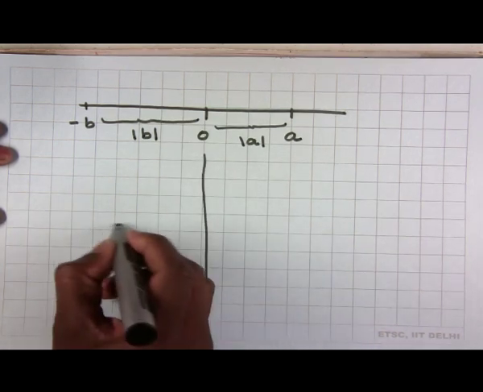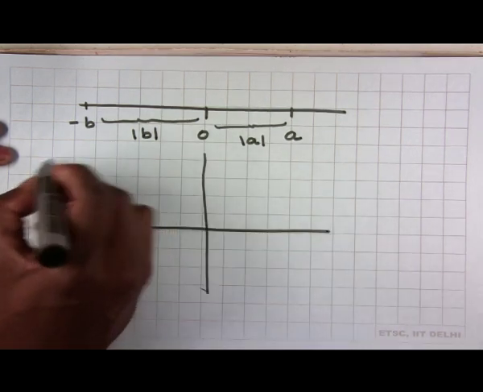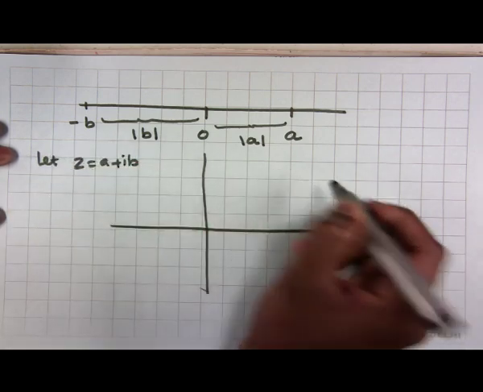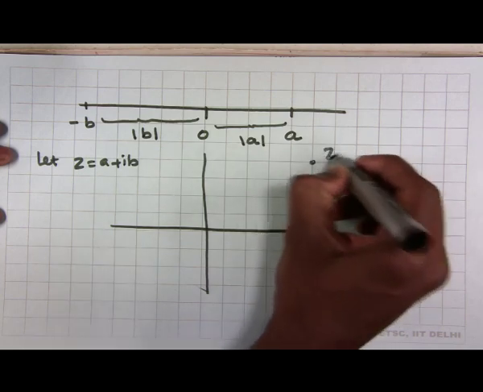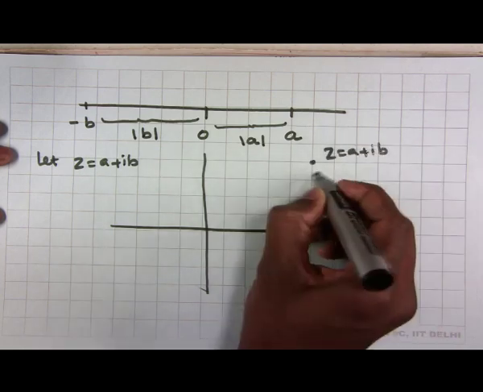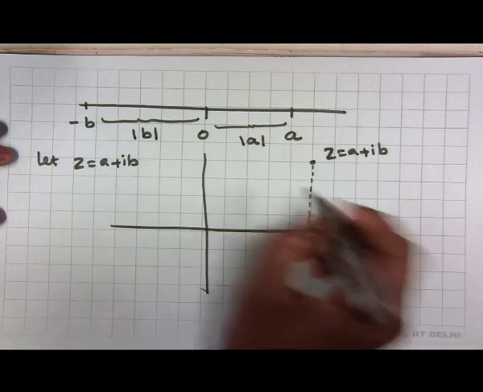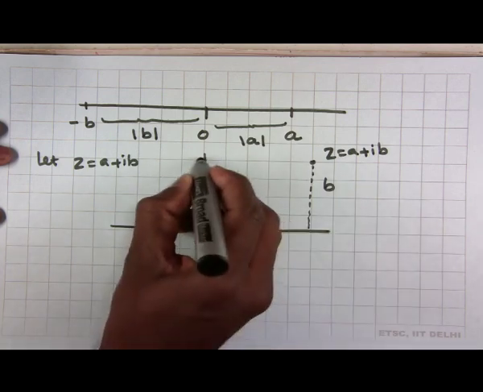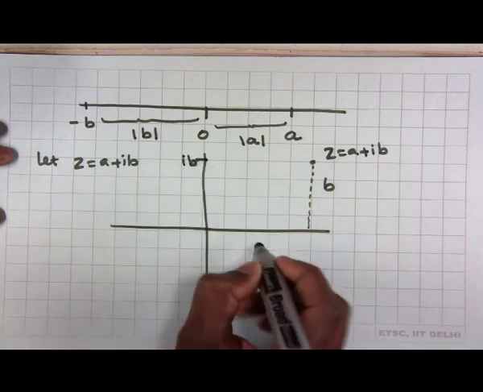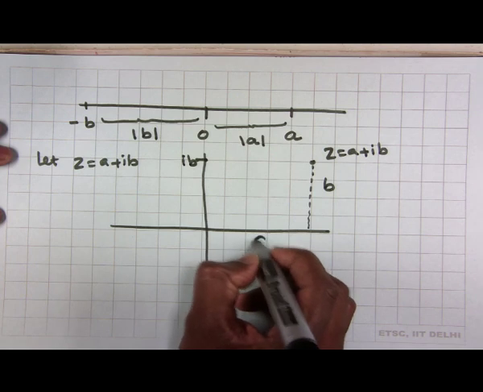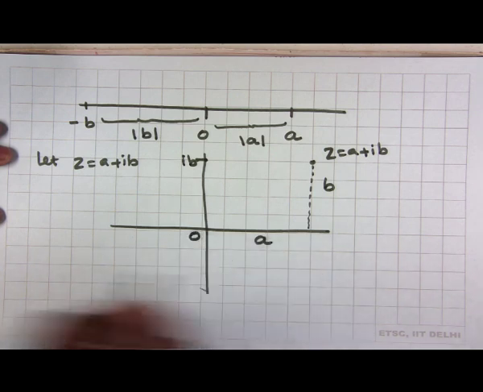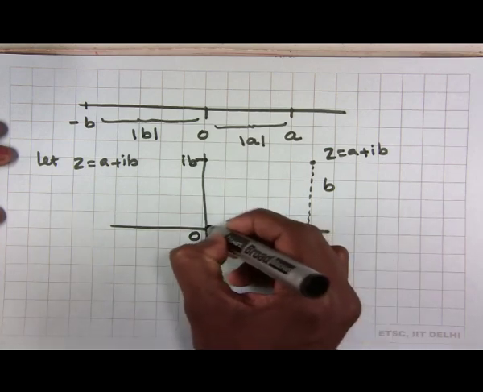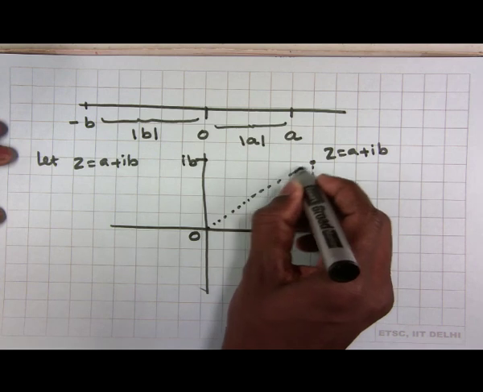So, let z be a plus i b, then consider a point z equal to a plus i b. So, here the length is b, which is the unit here, which is i b, and here the length is a, and what we have is 0. Now, we are trying to associate mod z. Okay.